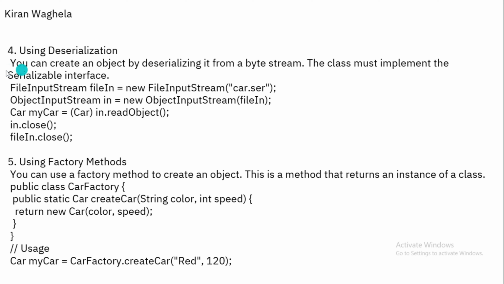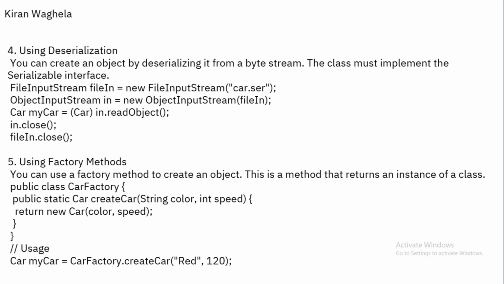Another way, using deserialization: you can also create an object by deserializing it from a byte stream. The class must implement the Serializable interface. For example, FileInputStream fileIn equals new FileInputStream with the file name car.ser as the parameter. ObjectInputStream in equals new ObjectInputStream(fileIn).